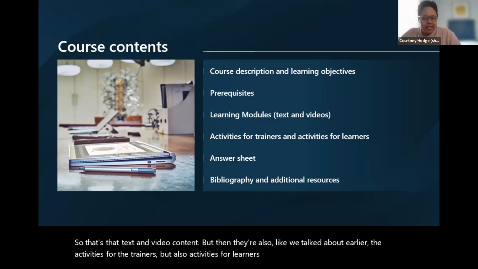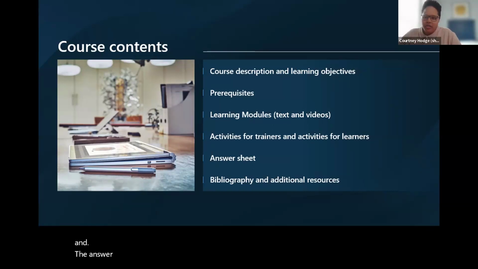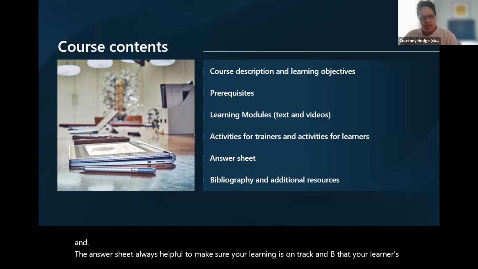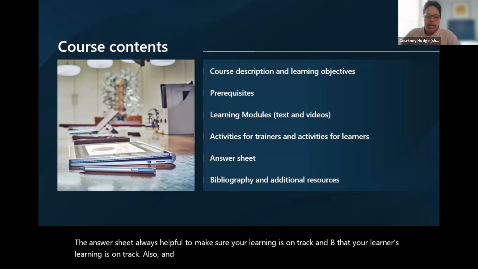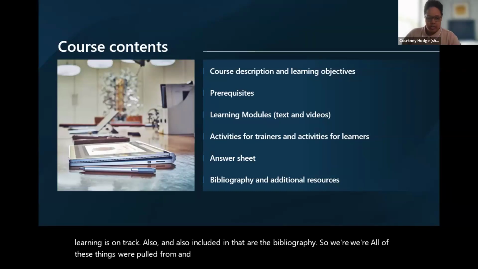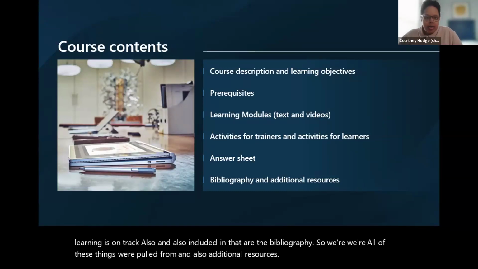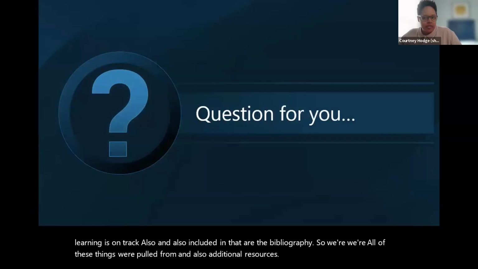And with that, as a former teacher, the answer sheet, always helpful to make sure A, your learning is on track, and B, that your learner's learning is on track also. Also included are the bibliography, where all of these things were pulled from, and additional resources.